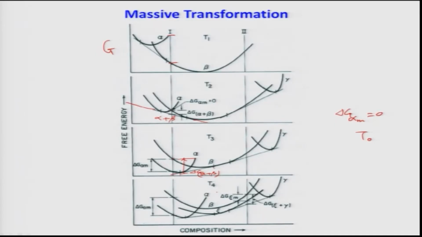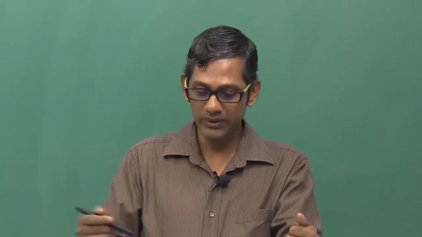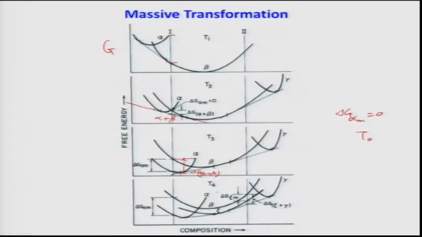So there is very clear evidence that the driving force for the massive transformation becomes increasingly higher as the temperature goes down. From T3 to T4, the massive transformation driving force is much larger, and that is why, as you quench, you can bypass the precipitation of alpha from beta, because you are quenching rapidly, and the driving force then becomes very high for the massive transformation, and beta directly transforms into alpha m without any change of composition.